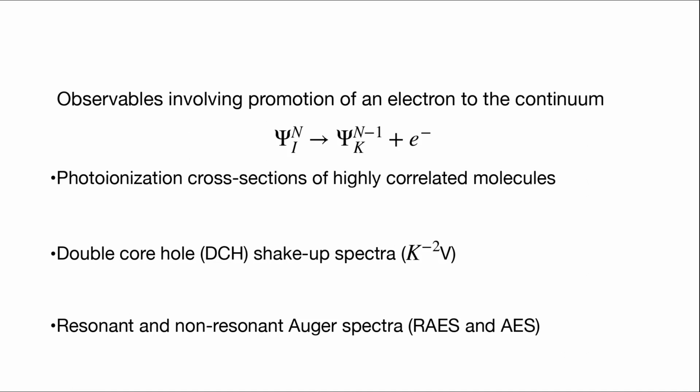And the observables that I'm interested in are the photoionization cross sections, double core hole shake-up spectra, and resonant and non-resonant Auger spectra. All of these properties involve the promotion of electrons to the continuum.